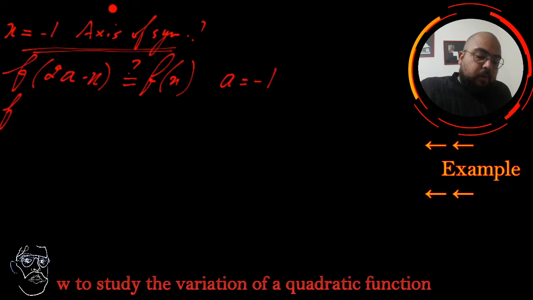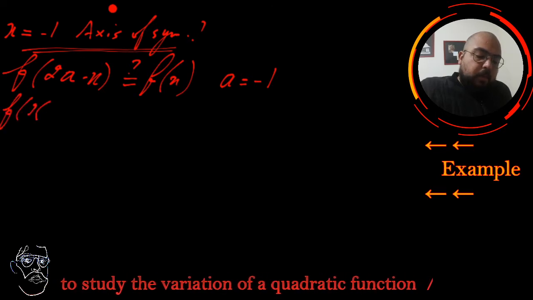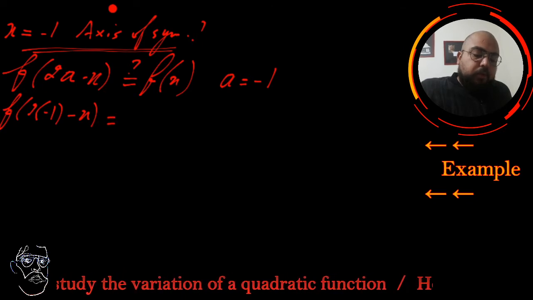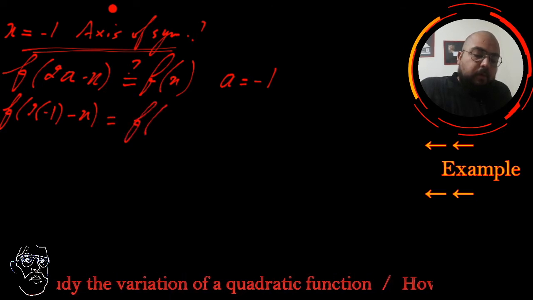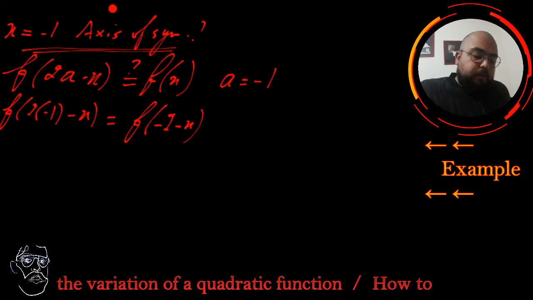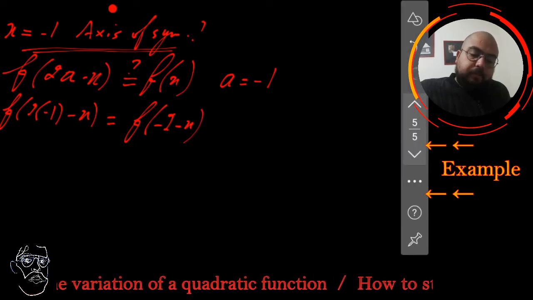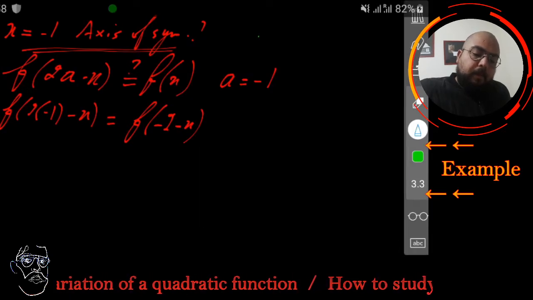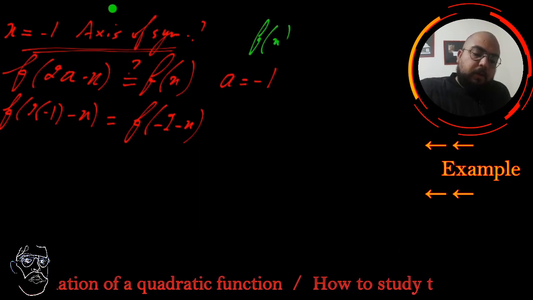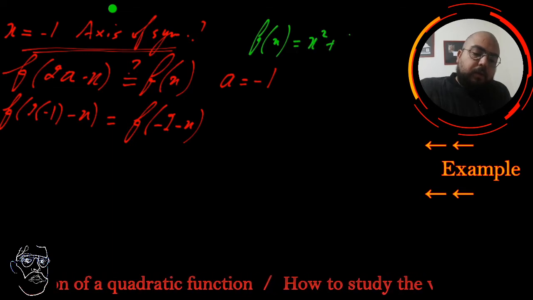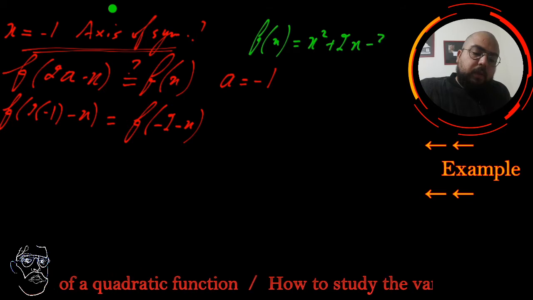So f of 2 times -1 minus x is equal to f of -2 minus x, and then I will have to get back to my function. My function was f of x, x squared plus 2x minus 3.